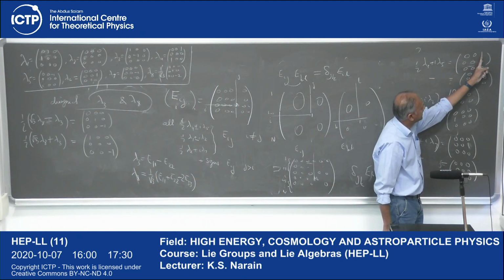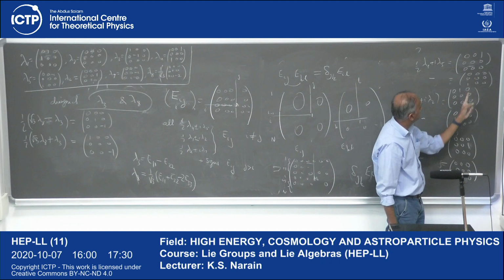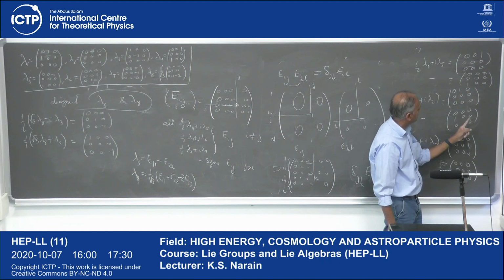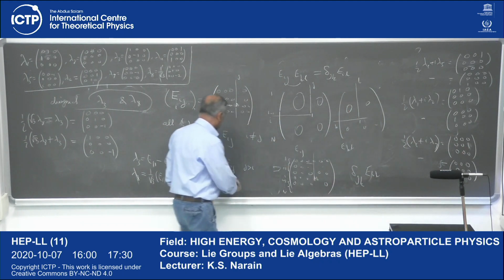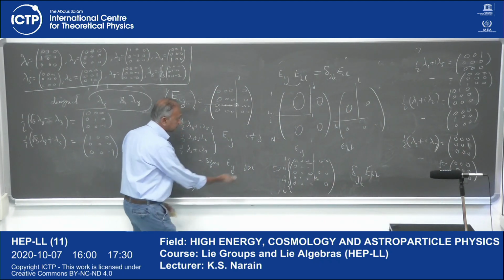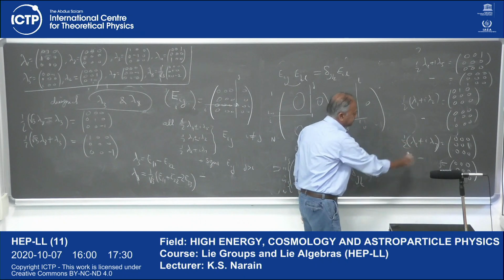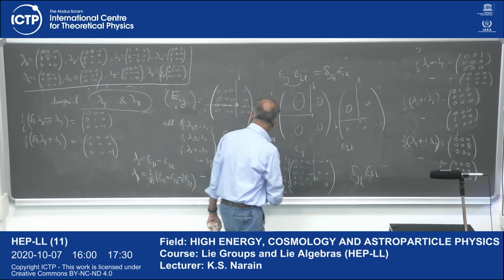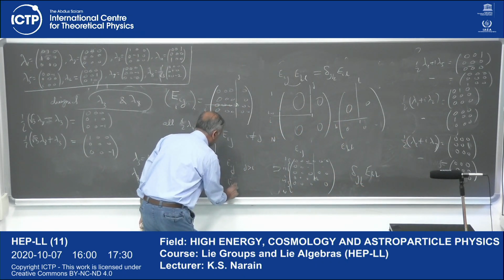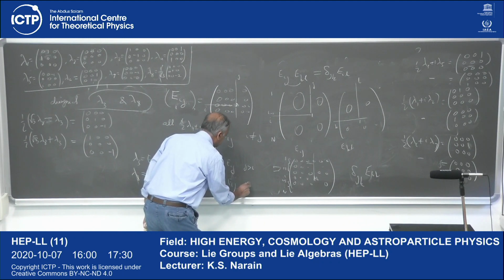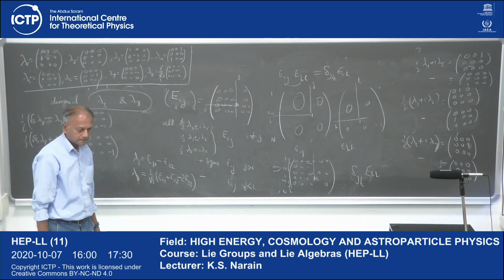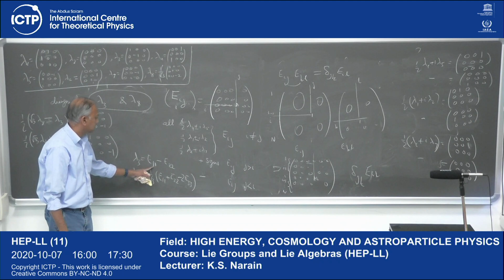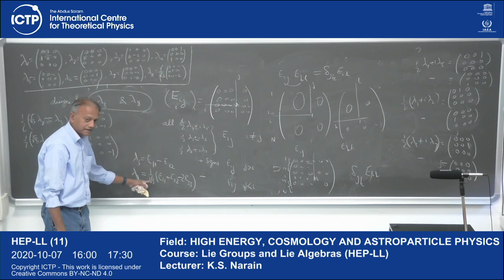So this 1,3 element is not 0, here the 1,2 element is not 0, and here the 2,3 element is not 0. So j is greater than i. And for the minus sign, it's the other way around. It's a lower triangle, so E_ij with j less than i. And the Cartan is when i is equal to j.